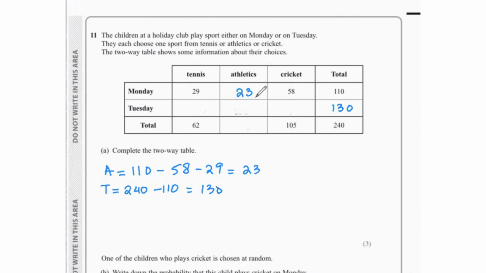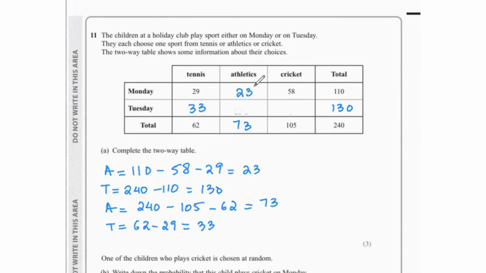Then for the total for athletics, we can subtract 62 and 105 from 240. So 240 minus 105 minus 62. That gives us 73. If we're noticing, we're adding the rows and the columns depending on what values we have. Now to find the number of people for tennis on Tuesday, we do 62 minus 29, that's 33.